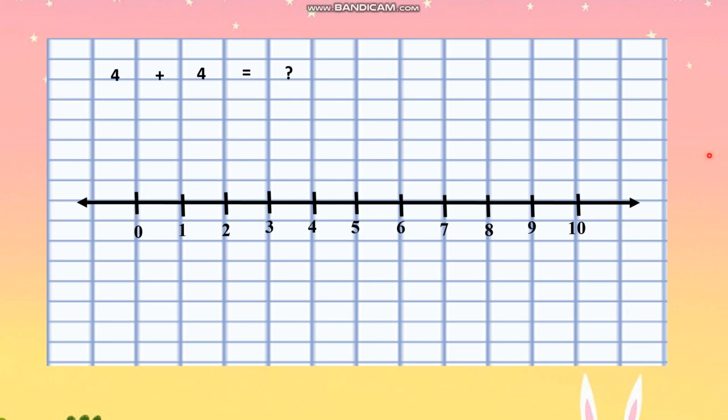You have drawn the number line. So the first step is, tell me. Yes, you will see the first number. What is the first number here? Yes, it is 4.